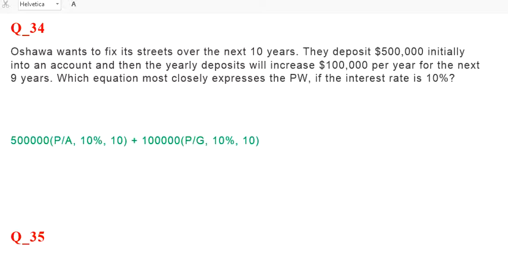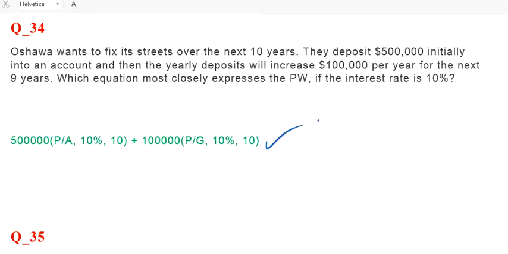This is the $500,000 P given A, that's the initial deposit, P given A 10% for 10 years, and then the positive gradient of $100,000 P given G 10% for 10 years. So this is the closest one.